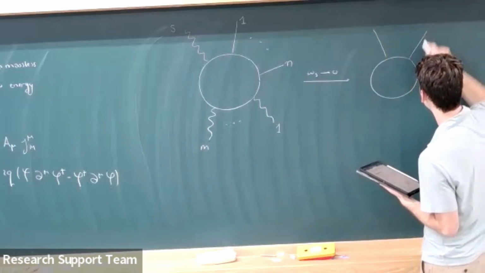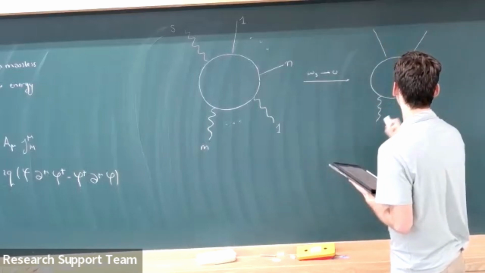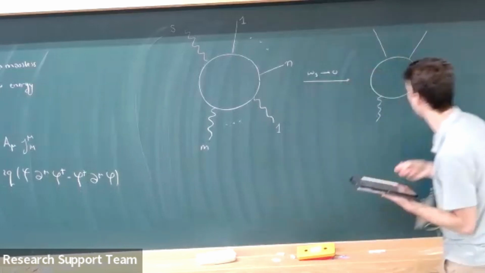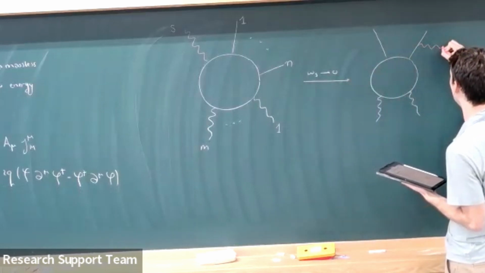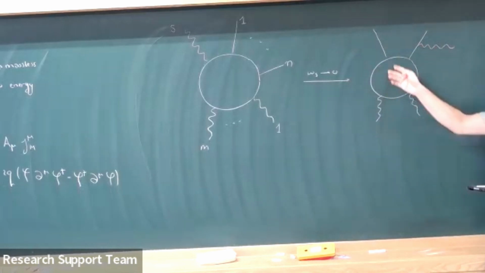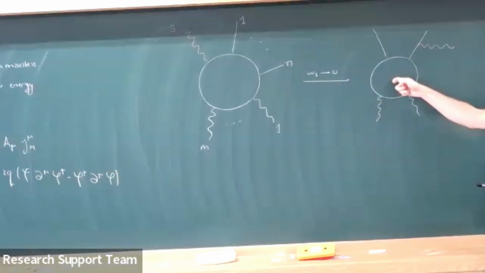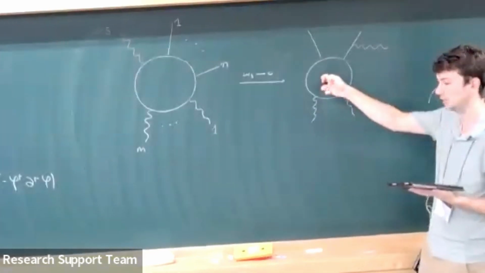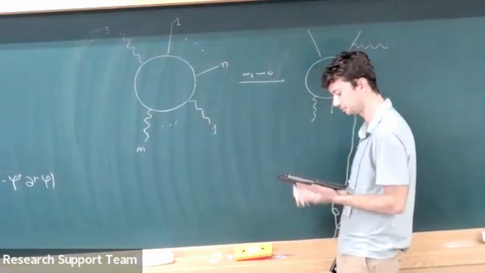The first one is what happens when this soft photon couples to one of the external scalar legs. So you have all this same stuff, you have some stuff going on inside the scattering amplitude, loops or whatever. However, the photon couples to one of these external legs, so not to one of these internal propagators.